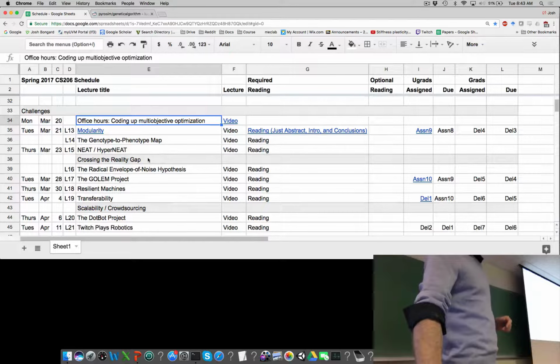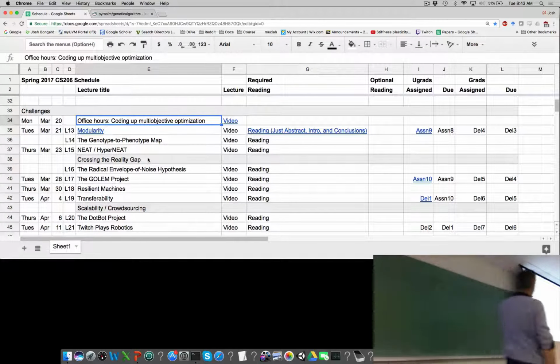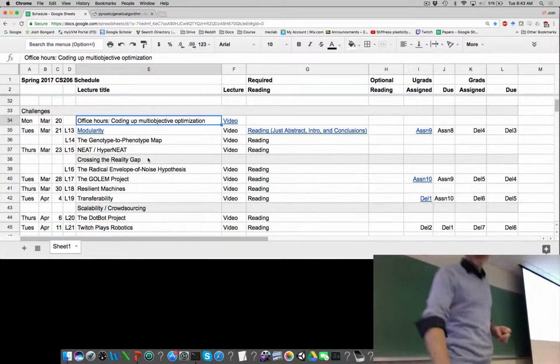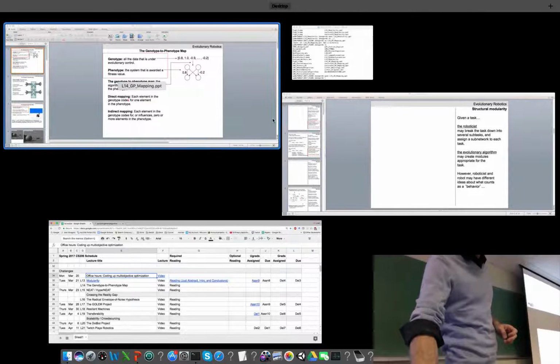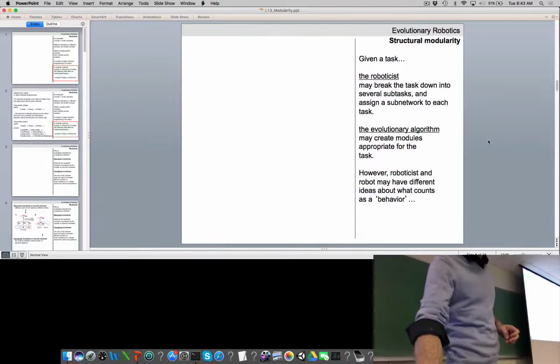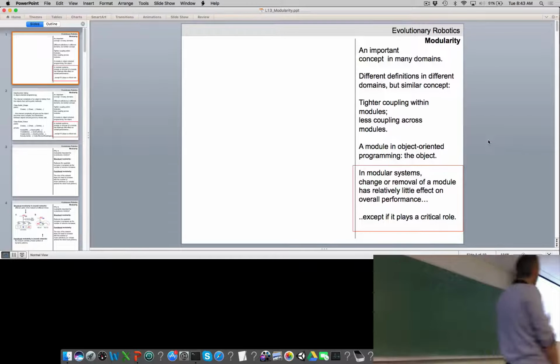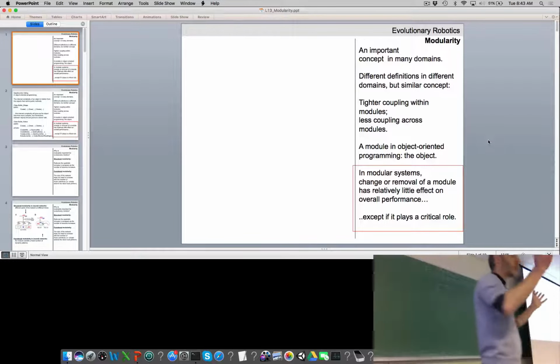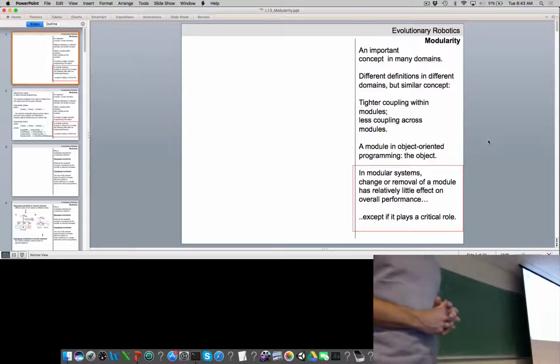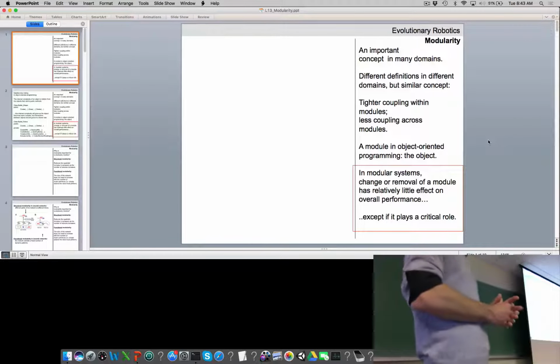Okay, so why is modularity a challenge? And what do we mean by modularity? Well, we've mentioned this a few times in the course so far. Modularity is not just an important concept in robotics, but in a lot of domains of science and engineering, and especially in computer science.